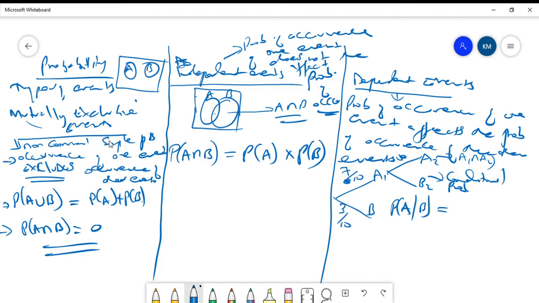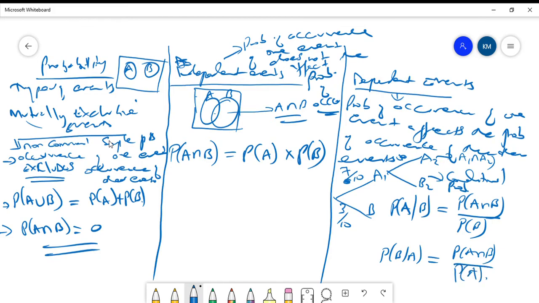And when I multiply these two, like you have previously been doing when using a tree diagram, the product of these two gives me an intersection. That means the probability of A given B would be given by the intersection divided by the probability of the given event B. Alternatively, if I wanted to look for the probability of B given A, this would be equivalent to, again, the intersection, but you divide by the probability of the given event A. So this is what you use to test whether two events are dependent or not.